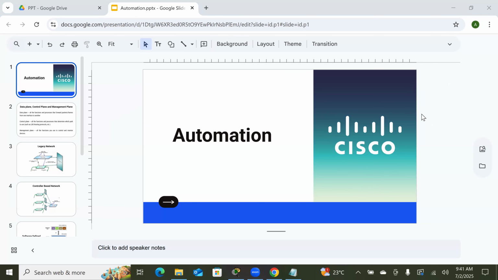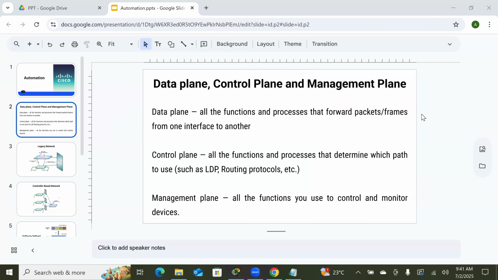Okay, so we have three planes here. Plane means where we are going to send the data or the commands or the management data. What is the first one? The data plane.